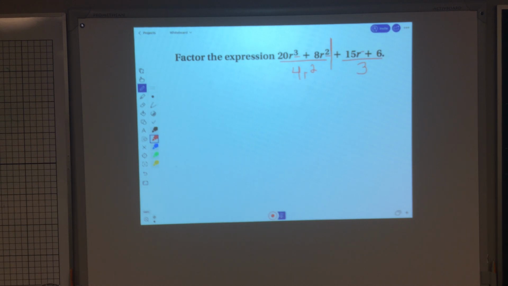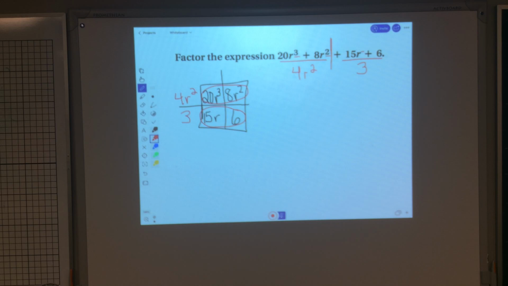And if you really like that box method, some of you might want to draw that box and put your terms in those boxes. So the first term here, the second term here, the third term here, and the last term here. That might help you see that when you check these first two, we can factor out that 4r squared. When I check the last two, I can factor out a 3.